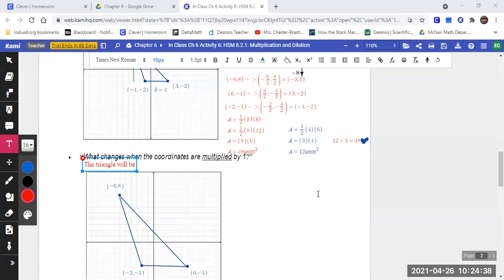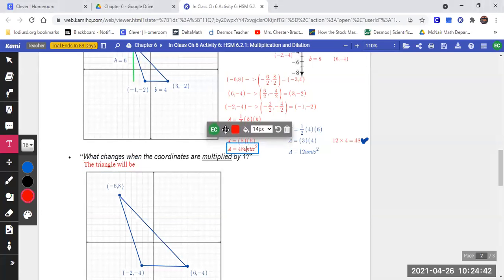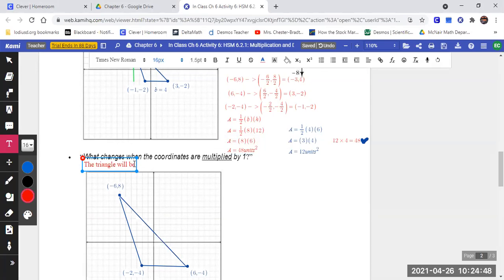Does multiplying by 1 change your values? Thank you, Lily. The triangle will be the same size as the original because multiplying by 1 changes nothing. That is why we just copied the exact original triangle.